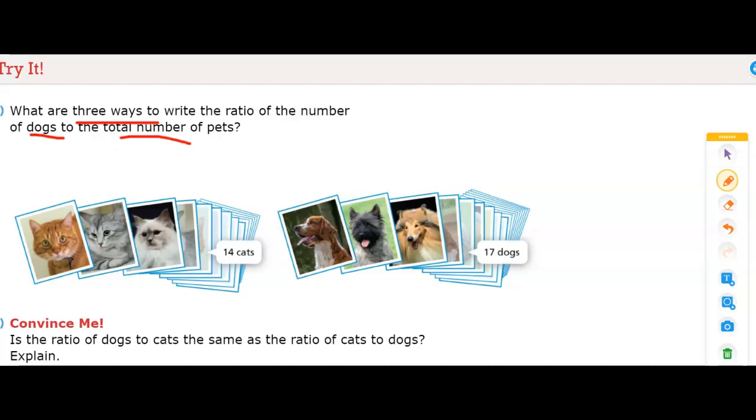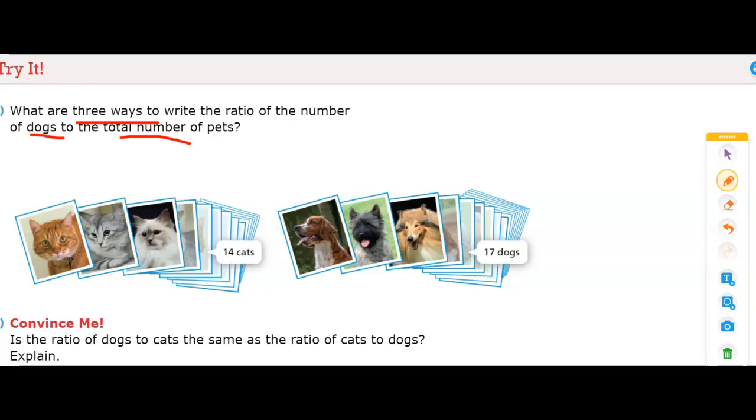Always keep in mind that when writing a ratio, whatever is mentioned first in the question or sentence is always going to be the number that is represented first in the ratio. So in this problem, it says dogs to the number of pets. So dogs will be the first number that you write.